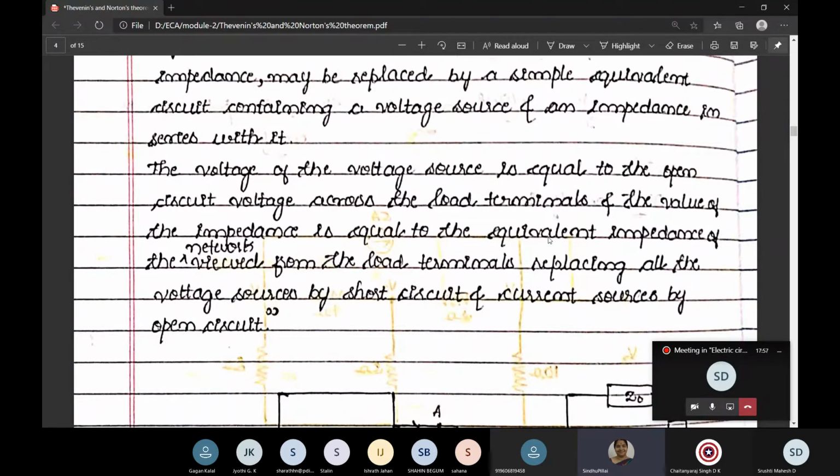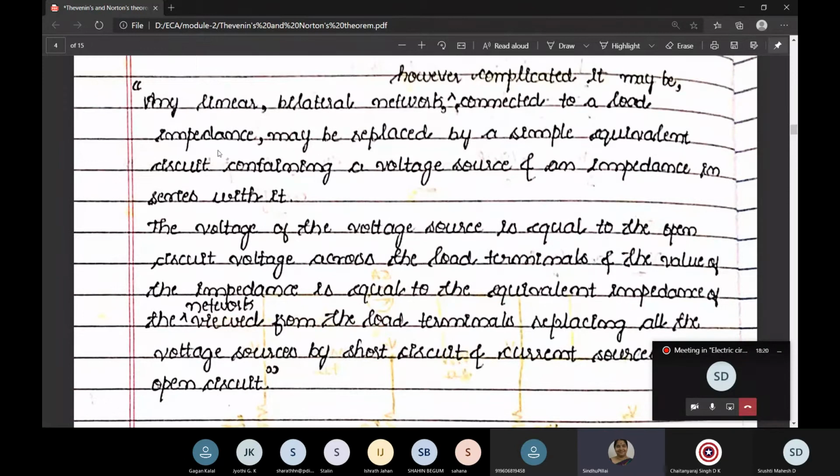Whenever we find the equivalent impedance, the voltage sources should be shorted and current sources should be open circuited, and only resistances should be there in the network, and we have to look from the load terminal. Then only we can find out the equivalent impedance. The meaning of this sentence will follow when we do the example.